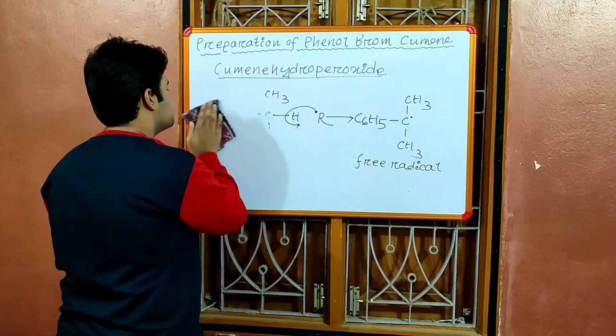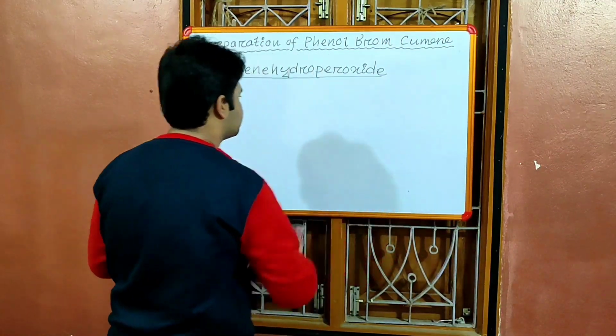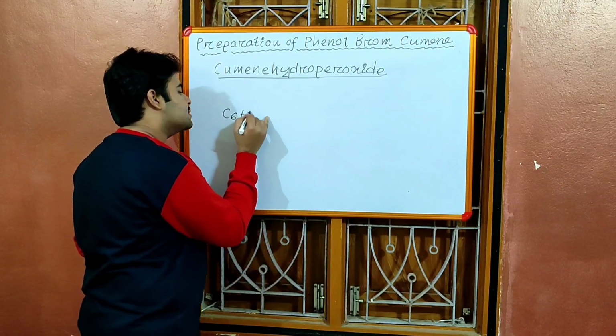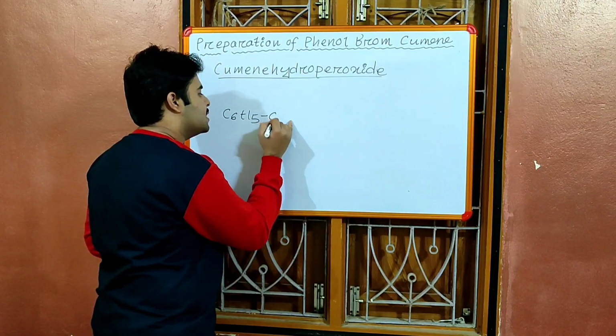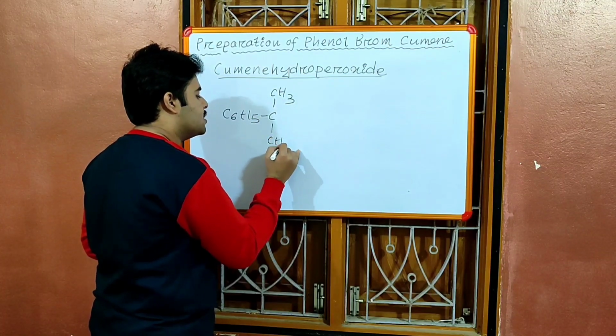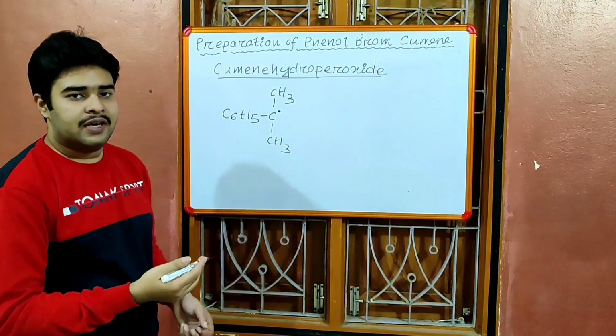What will happen? As we have generated our free radical, that is C6H5, bond C, bond CH3, bond CH3, and here is the unpaired electron, and here is our free radical.